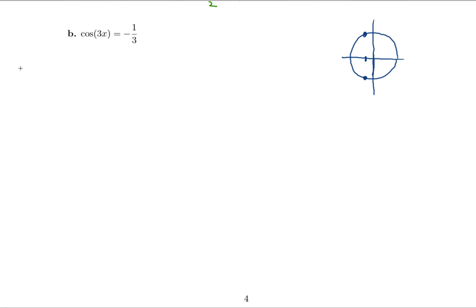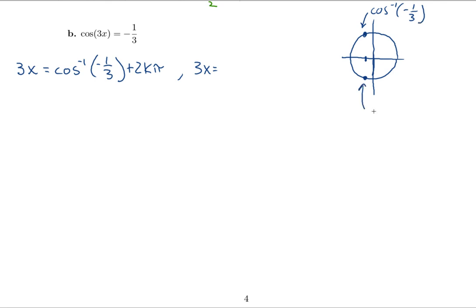So this is going to be 3x must equal the inverse cosine of negative 1/3 plus 2k pi. But then we also know if we have one solution, and this is definitely that because it's between 0 and pi, which is the range of values that the inverse cosine spits out, this one can be found by taking 2 pi minus that.